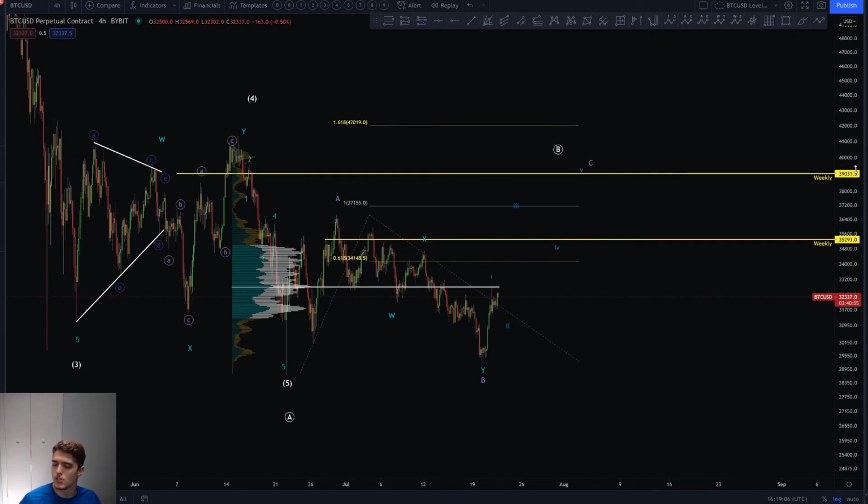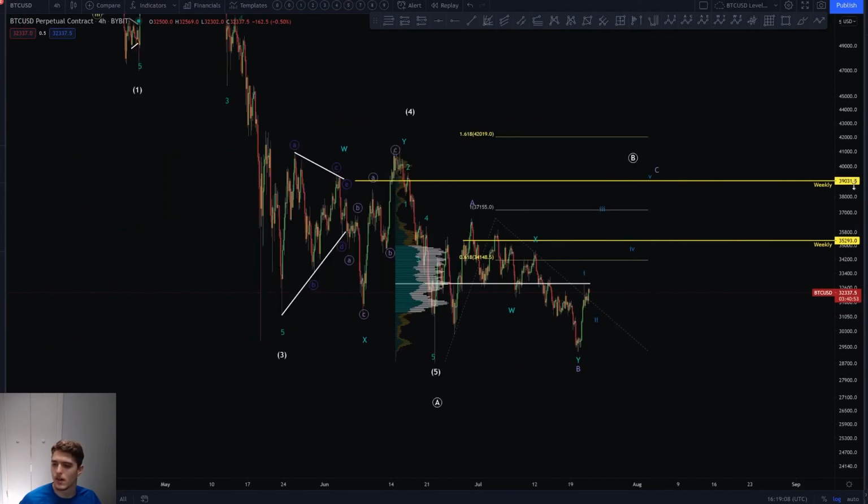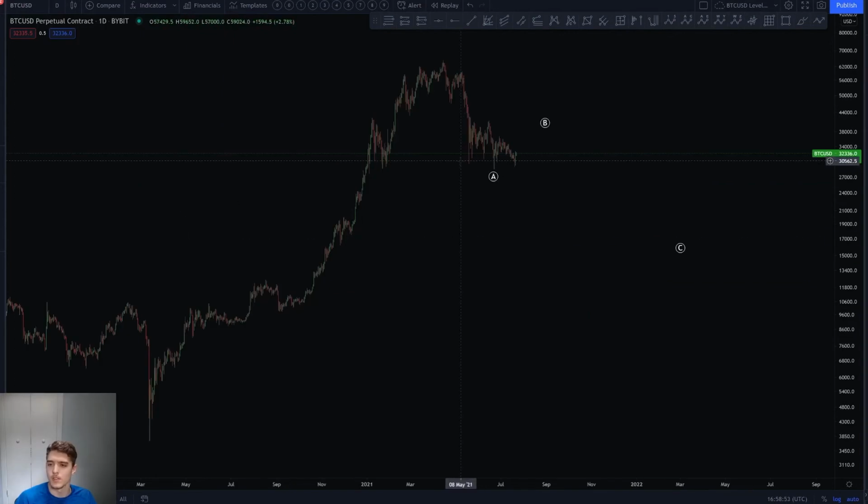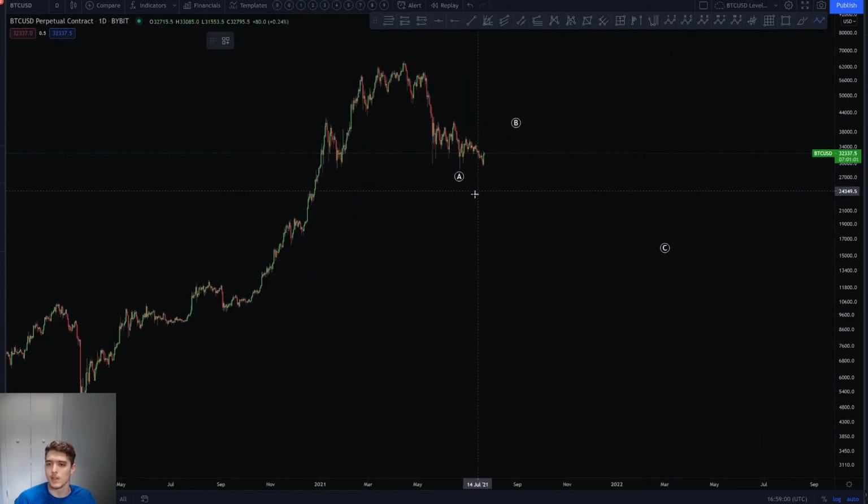And yeah, let's go ahead and zoom out so I could show you some ideas of how this could play out. Okay, so I went ahead and zoomed out to the daily chart and cleaned it up a little bit. The main thing I want to cover is that it's really anyone's best guess if this is all an A, B, C to complete this B wave, this primary B wave, and then we make our way down for this C wave.